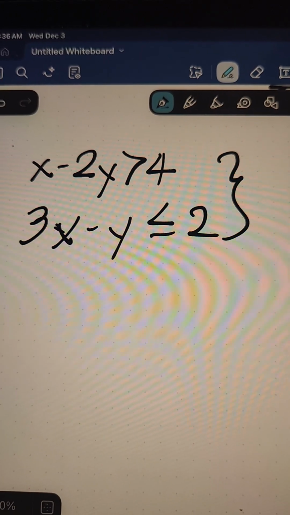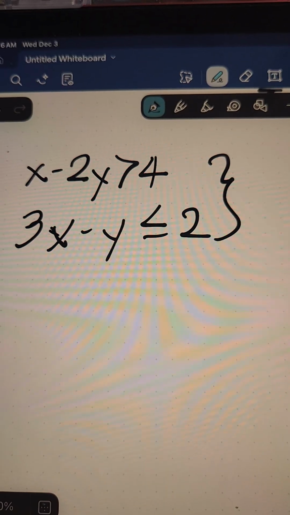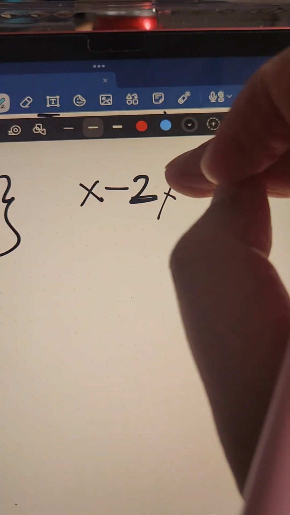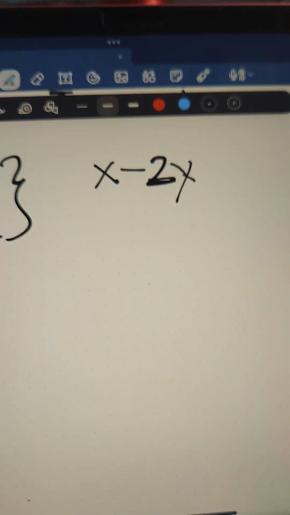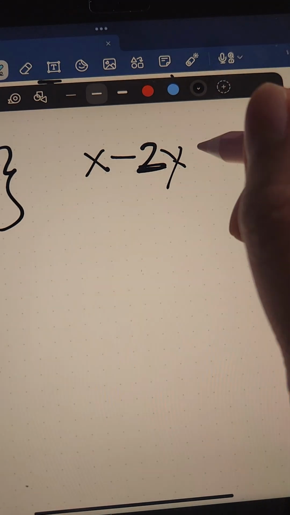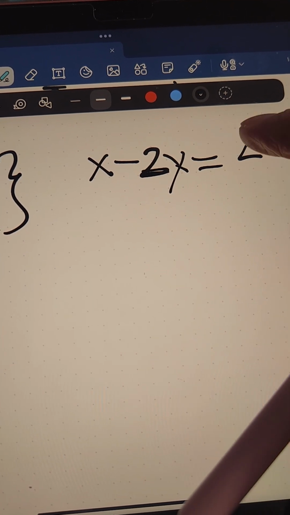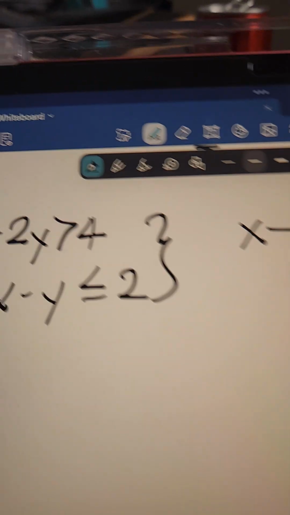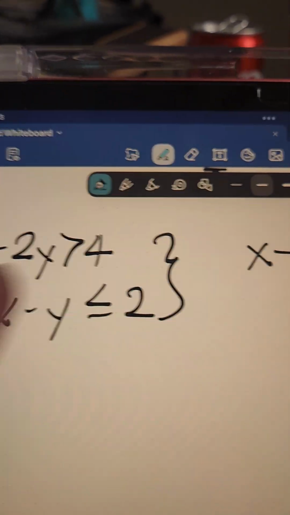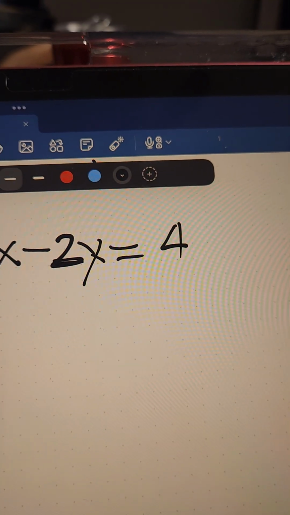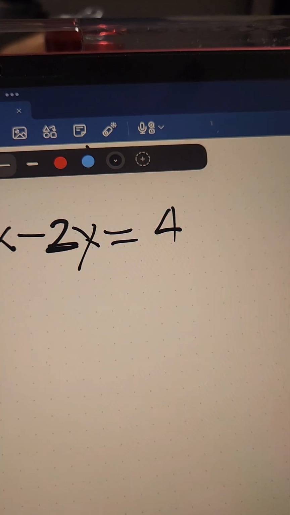So, x minus 2y is equal to 4. Okay, so basically pareho lang siya, ginawa lang natin equal sign yung inequality sign.